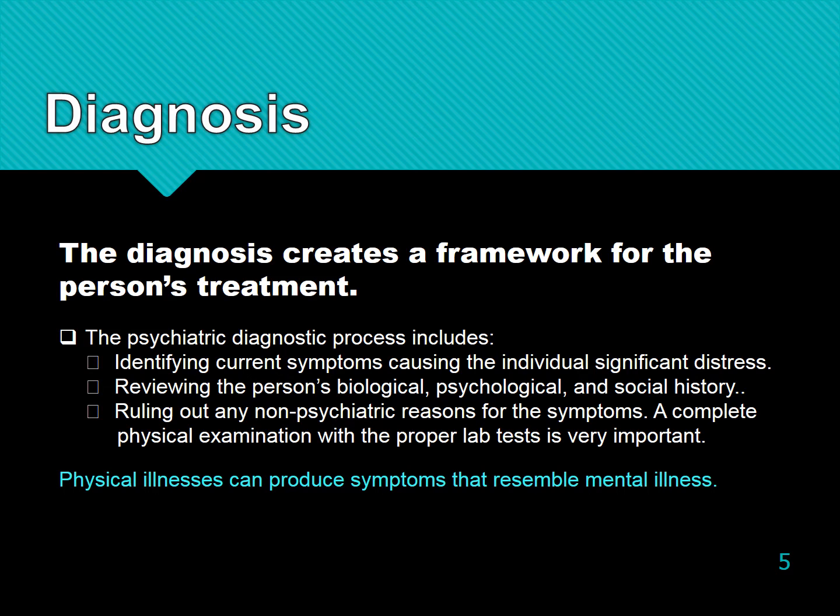They should also rule out non-psychiatric reasons for the symptoms. A complete physical exam with the proper lab tests is very important. Physical illnesses can produce symptoms that resemble mental illness. Some medications or street drugs can also produce such symptoms.